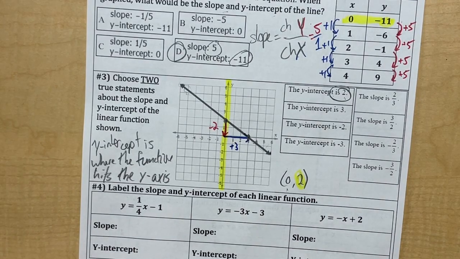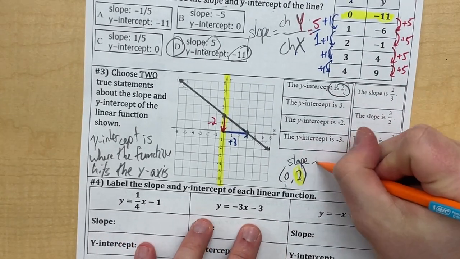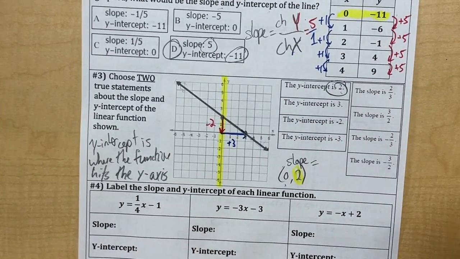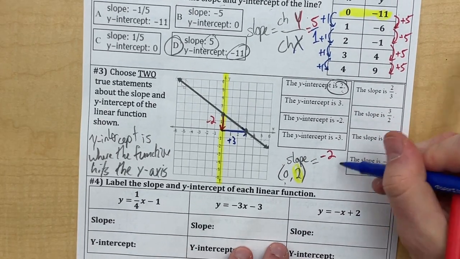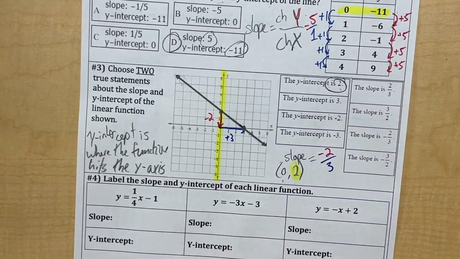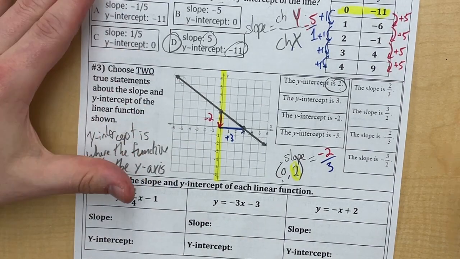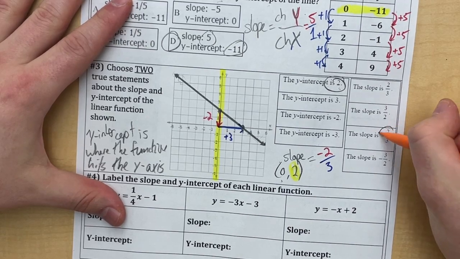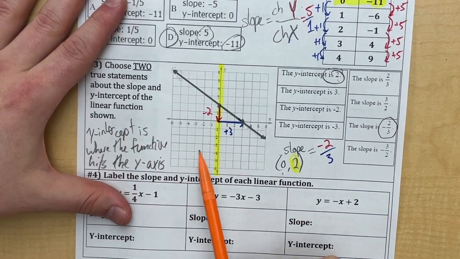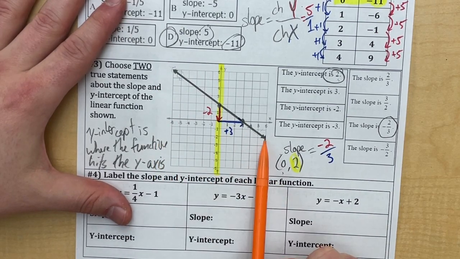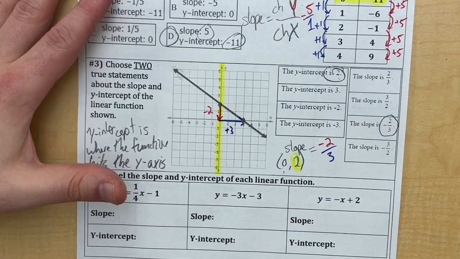I'm going to say my slope is going to be equal to -2 over +3, since we're moving down 2 steps and to the right 3, and so I'm going to say my slope is -2 over 3. Again, notice how also too, thinking about that first question, notice how it's going down to the right, and so that means I have to have a negative slope.